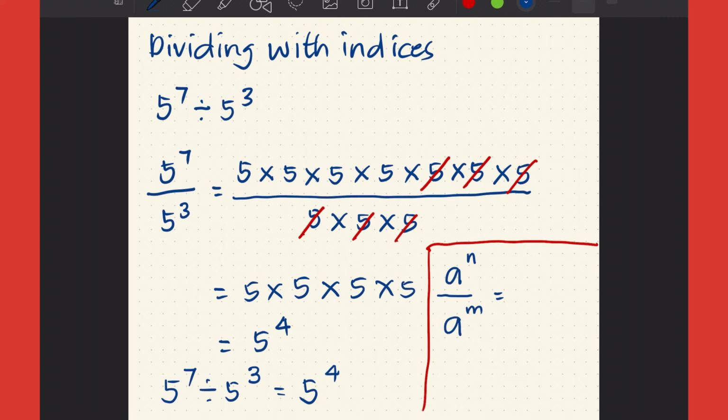We have a raised to the power of n minus m. So let's have an example. We have a raised to the power of 5 over a raised to the power of 2. So we have a raised to the power of 5 minus 2, which is 3.